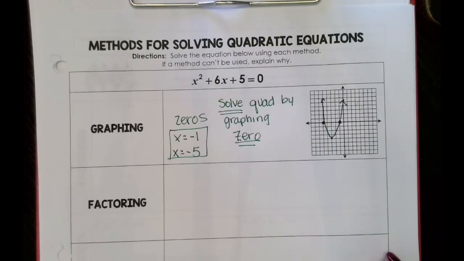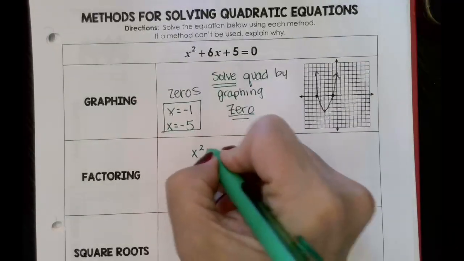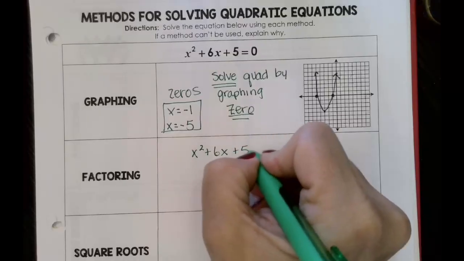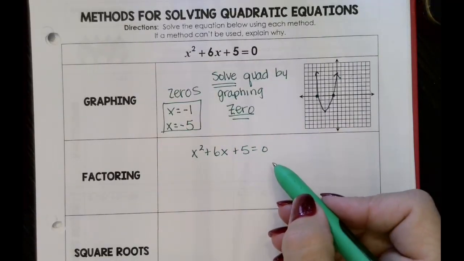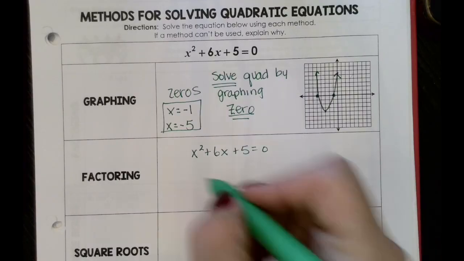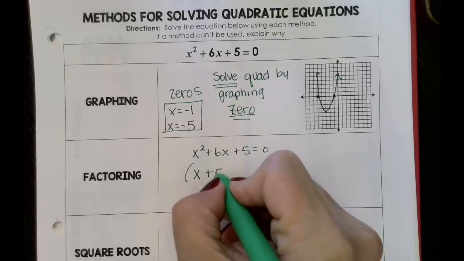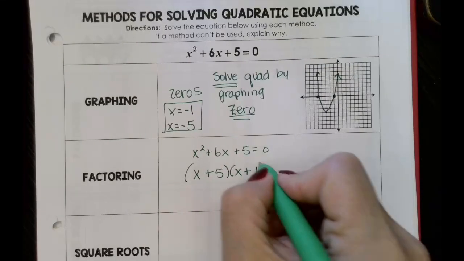Okay, now I know I can solve this by factoring. If I took this equation, x squared plus 6x plus 5 equals 0, I'm going to factor this, and I would have (x plus 5)(x plus 1) equals 0.